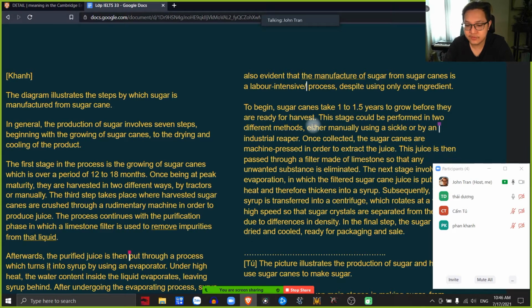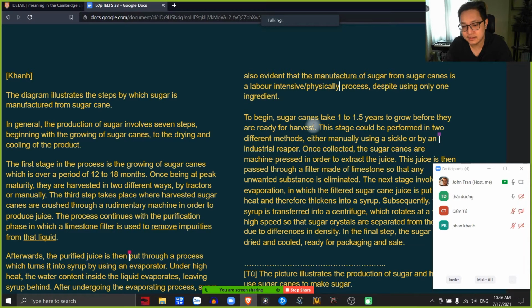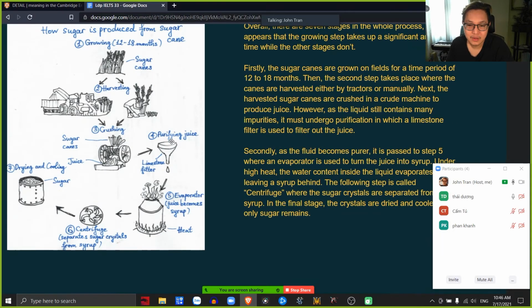Or you can use the word physically demanding. Because why physically demanding? Look at this one. Harvesting, it takes a lot of growing and harvesting, it takes a lot of human work, a lot of hours of work, you know. Crushing them, you have to push it in, and then purifying and all these things.